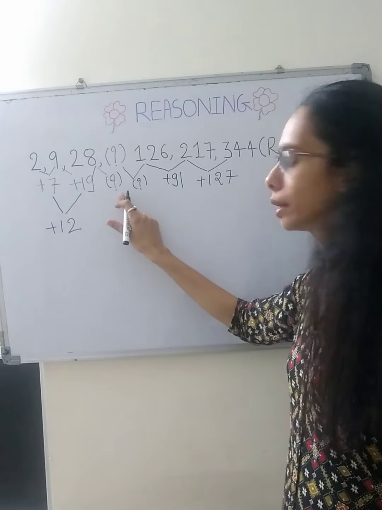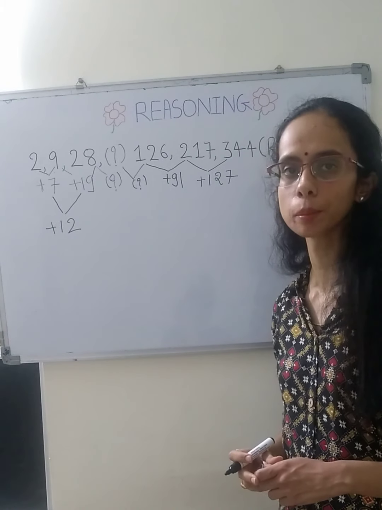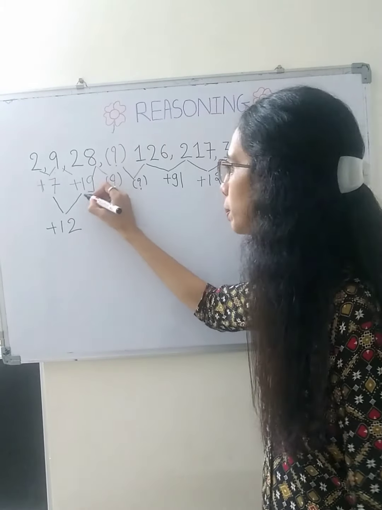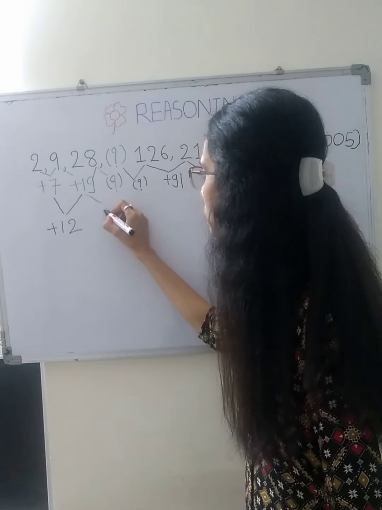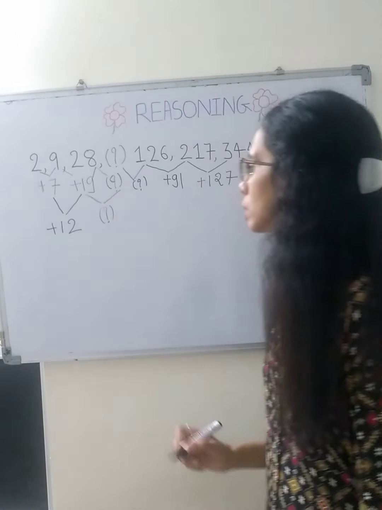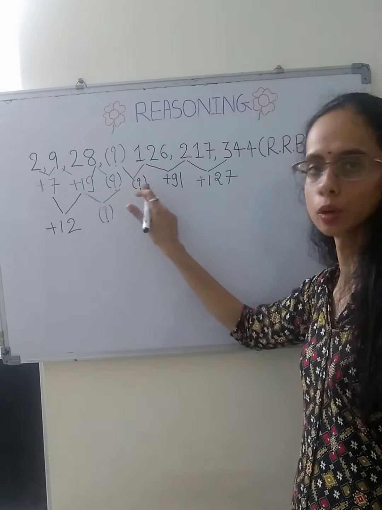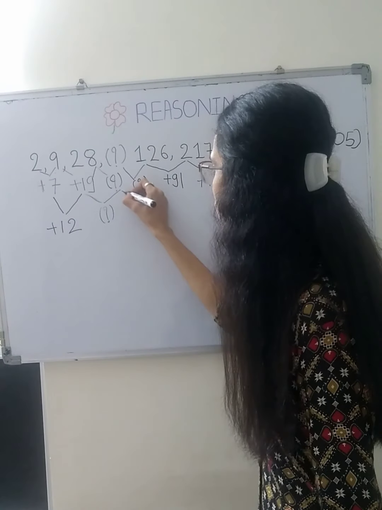Now 19 and the unknown number. Definitely the relation between these two numbers also we do not know, so we will place a question mark. Then here there are two unknown numbers, so their relation also we do not know. So again we have to put a question mark.